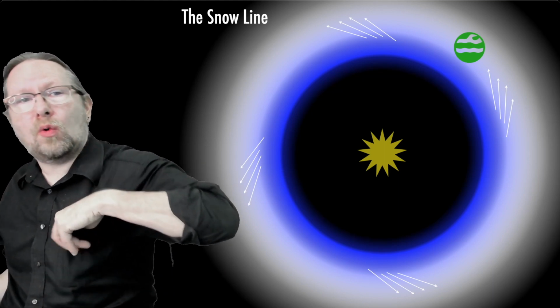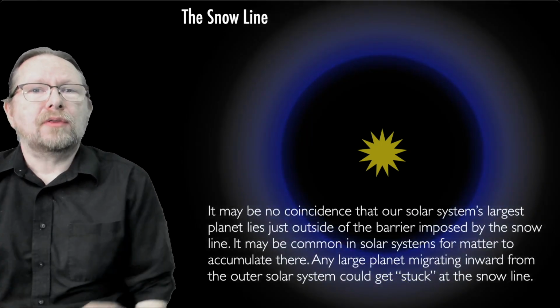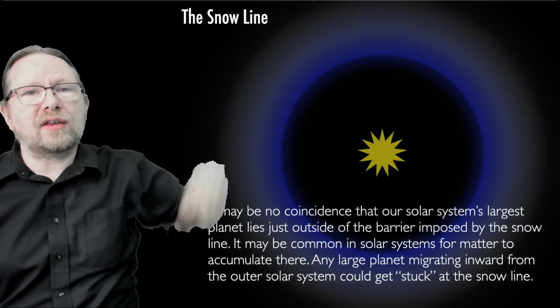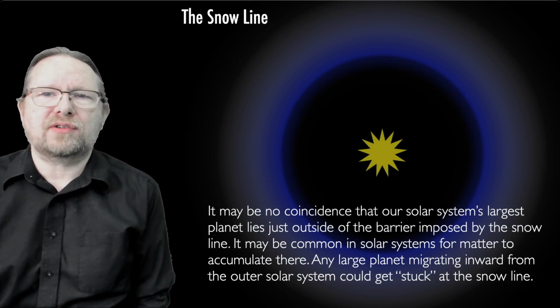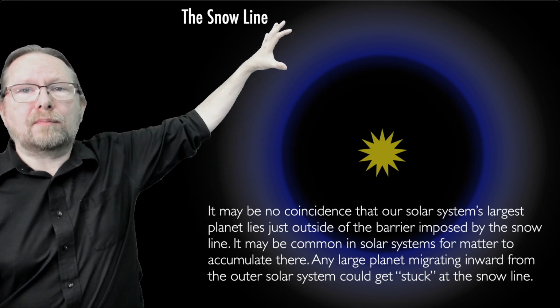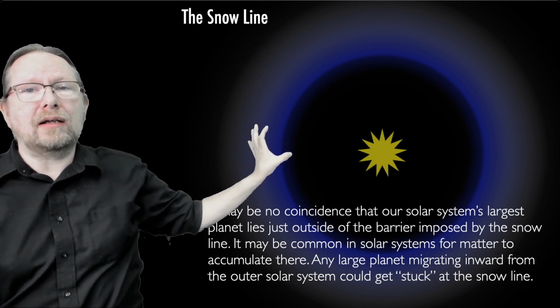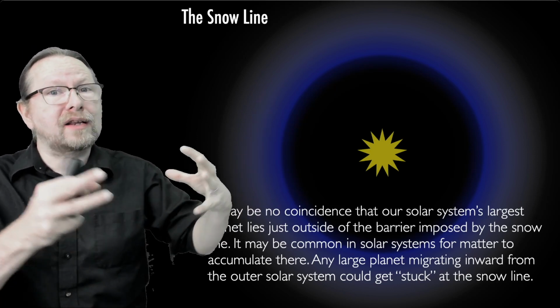So it may be no coincidence that in our solar system, the largest planet lies just on the other side of the snow line, just on the other side of this barrier imposed by this denser material. And it may be common for large planets that are slowing down and migrating into the inner solar system to get sort of stuck there at the snow line, and they grow bigger and bigger.